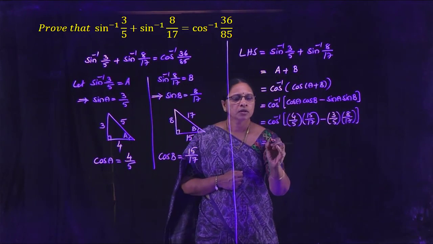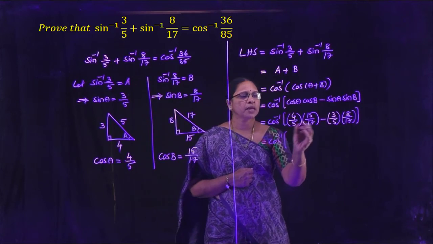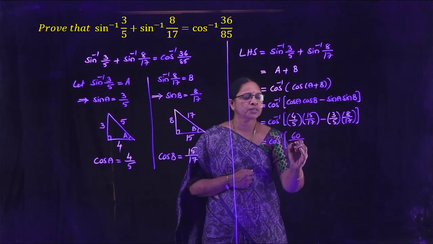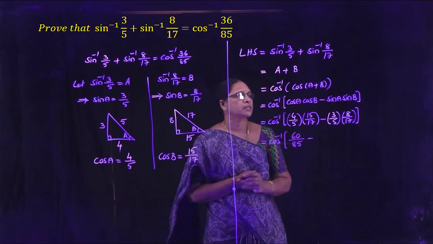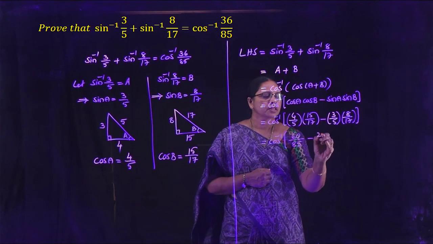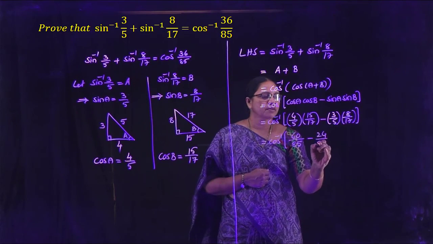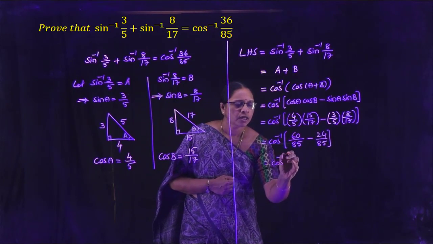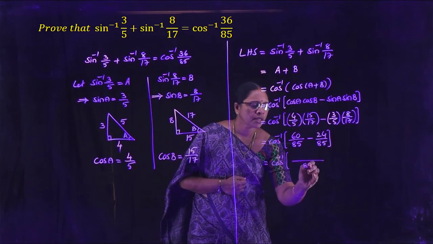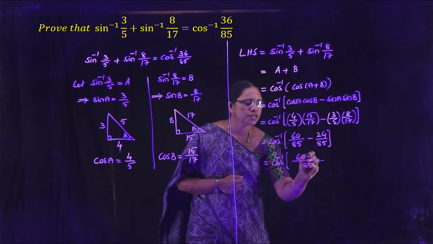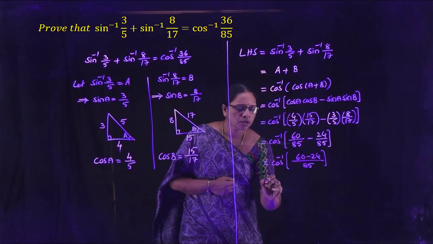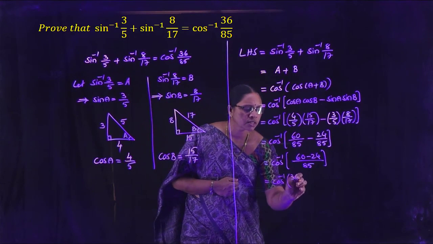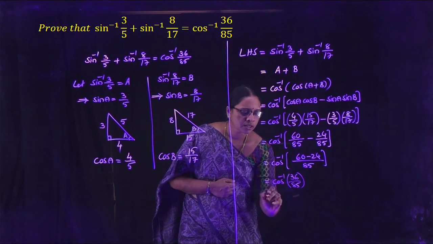That equals cos inverse of, multiplying these terms, 4 into 15 that is 60 by 5 into 17 that is 85, minus 3 into 8 that is 24 by 5 into 17, 85. That equals cos inverse of, take LCM, LCM is 85, the numerator is 60 minus 24, that is 36 by 85, that is equal to RHS.